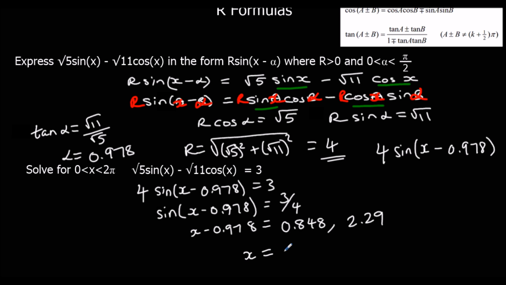And we need to add 0.978 onto those answers. If we add that on, they'll both stay between 0 and 2 pi, so they are the answers that we want. Plus 0.978, so we get 1.83 and 3.27.